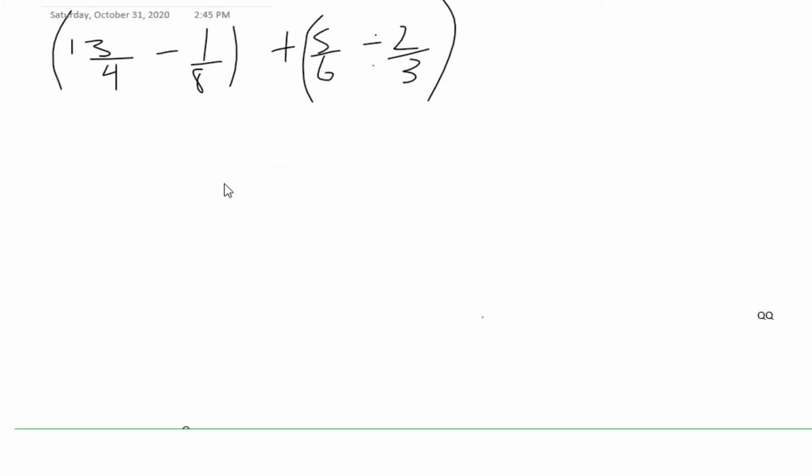Here we have January 2014. We're going to start by doing the first bracket by changing this to improper fractions.